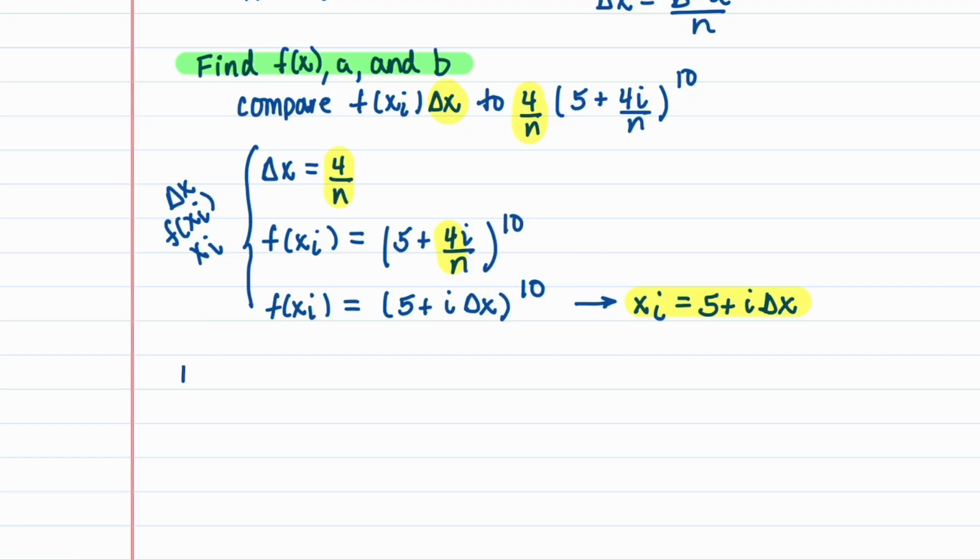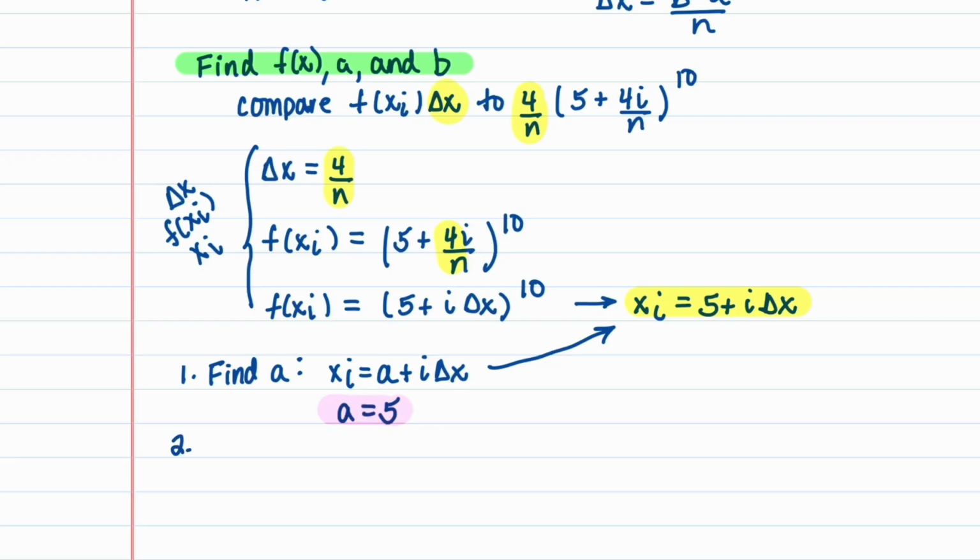The first thing that we're going to do is find a. We're going to use the formula that x sub i is equal to a plus i delta x, and we can compare it to what we just found, and we see then that a is equal to 5.